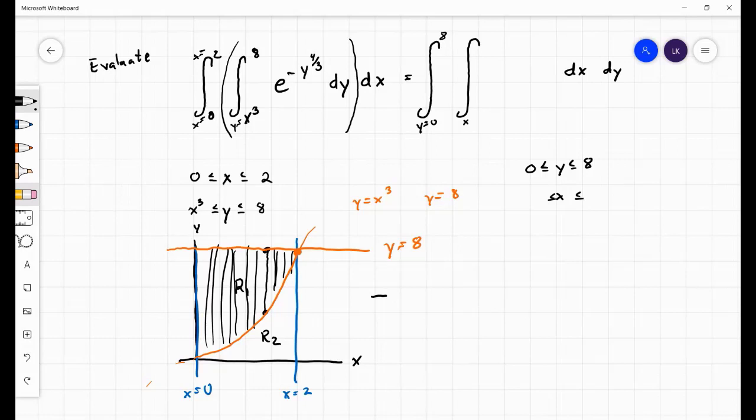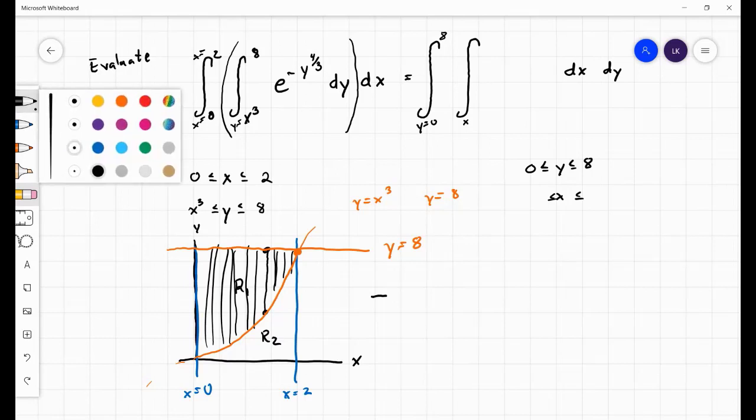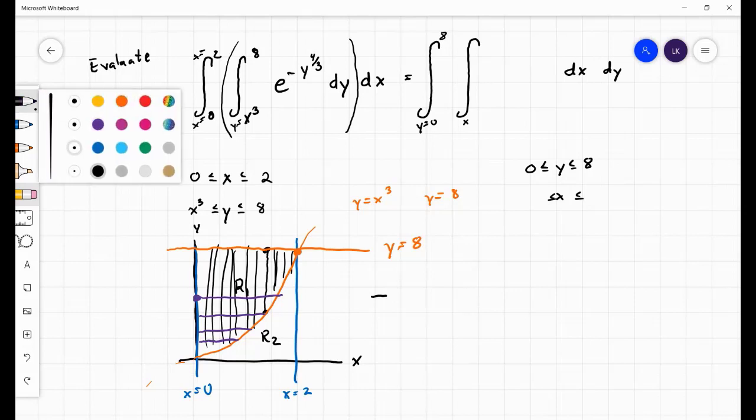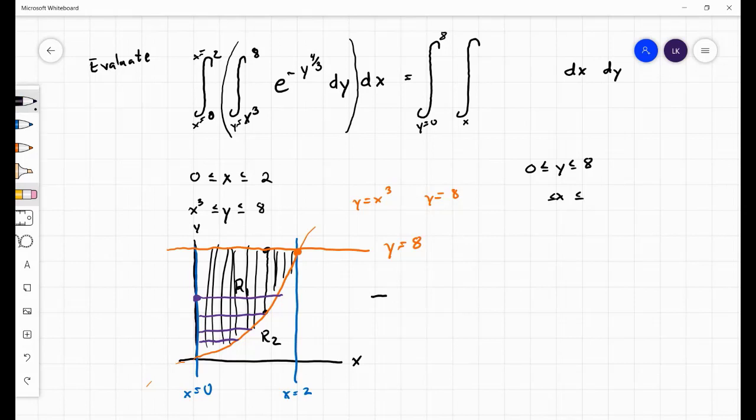Very good. Now we're mowing the lawn from west to east. x starts on the line where x equals 0 and increases until it hits this curve. What is x equal to on that curve? Just solve for x: take the cube root of both sides.